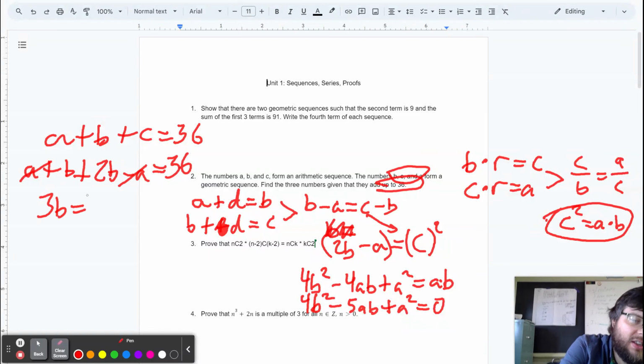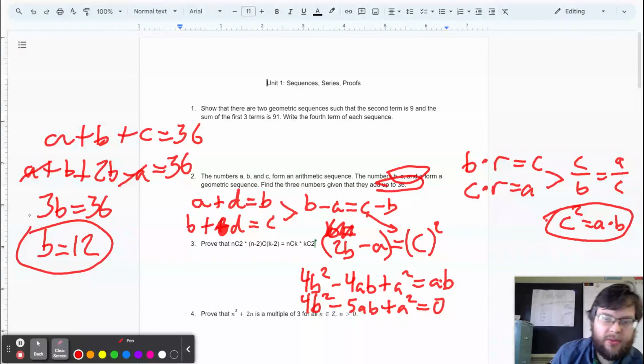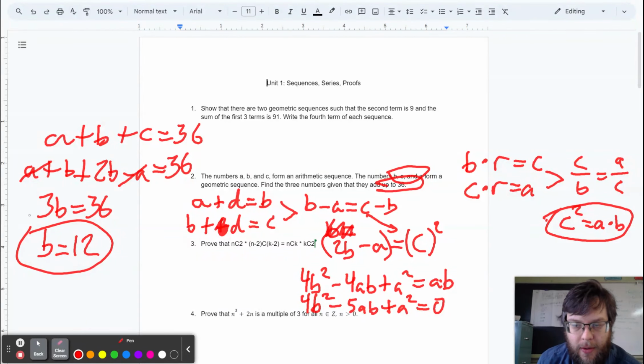So 3b is 36, which means b has to equal 12. So if we know b equals 12, now we can use our clues here. And we know that they need to be evenly spaced around 12 because they're an arithmetic sequence.